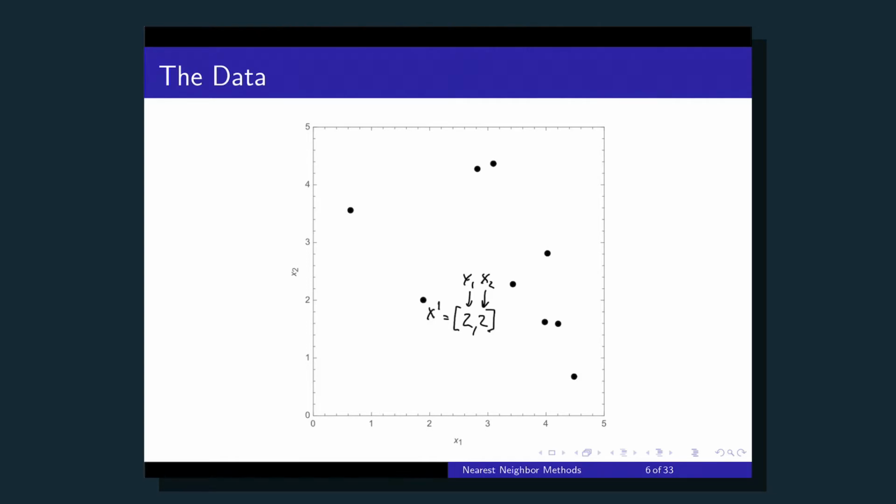I'll try to keep this convention as much as possible. If you see a subscript, that refers to which dimension of the instance we're talking about, and if you see a superscript, it represents which instance in the data set we are talking about.